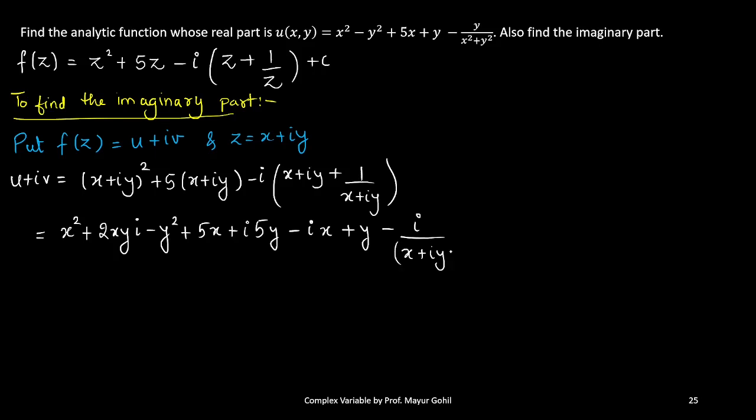What we can do here is multiply and divide the numerator and denominator by the conjugate of the denominator. So what we get is x minus iy times x minus iy is multiplied.